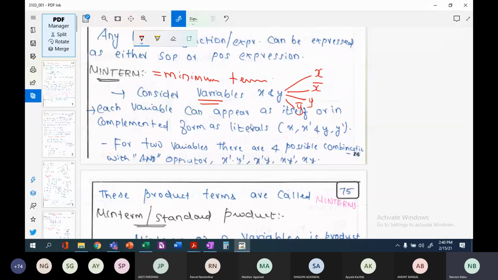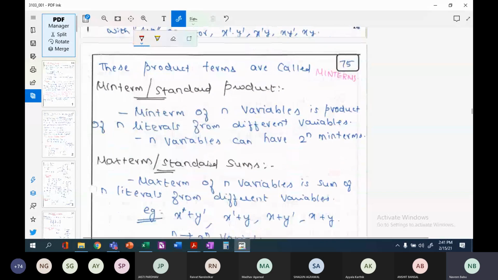What are the four possible combinations? x bar y bar is a product term, is a min term. x bar y is a min term. x y bar is a min term. x y is a min term. All these product terms are called min terms.